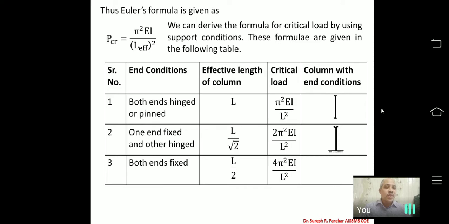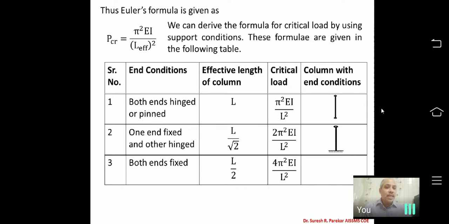So when both ends are pinned, we have L, that is value 1. When we have one end fixed, other hinged, L by root 2. So if we calculate this value, it comes approximately 0.71 or 0.72 L.